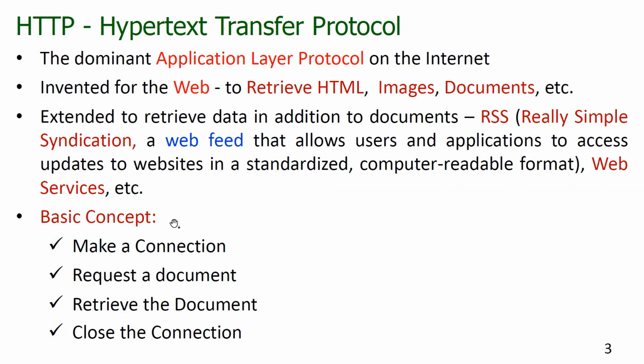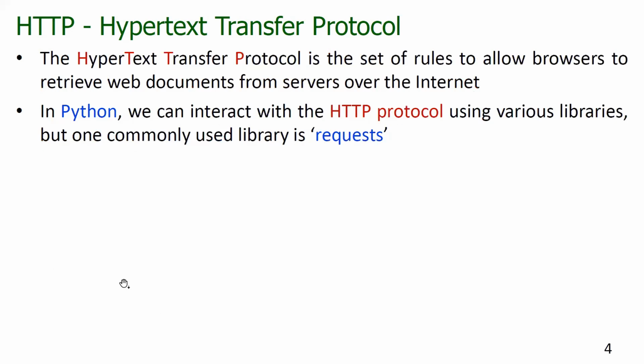The basic concept in HTTP: first we have to make a connection, then request a document, then retrieve the document, and finally close the connection. These are all the steps involved in HTTP retrieval. HTTP contains a set of rules for allowing browsers to retrieve web documents from servers over the internet.